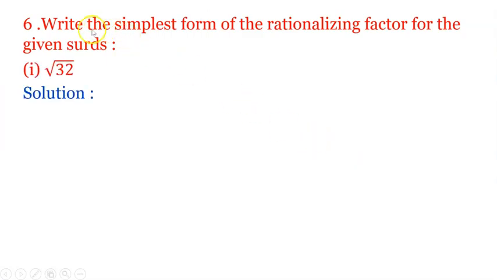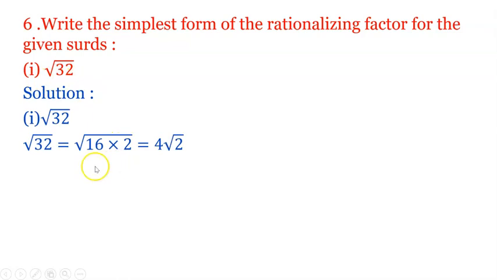Next, write the simplest form of the rationalizing factor for the given set. First example, root of 32. Now this root of 32 can be written as root of 16 into 2. Root of 16 is 4, so 4 root 2. And the rationalizing factor of 4 root 2 is root 2.